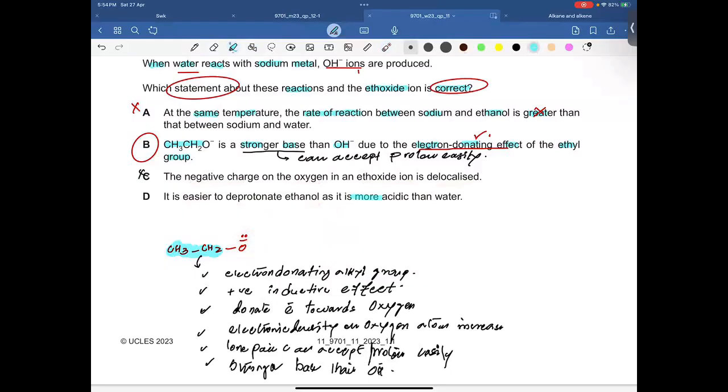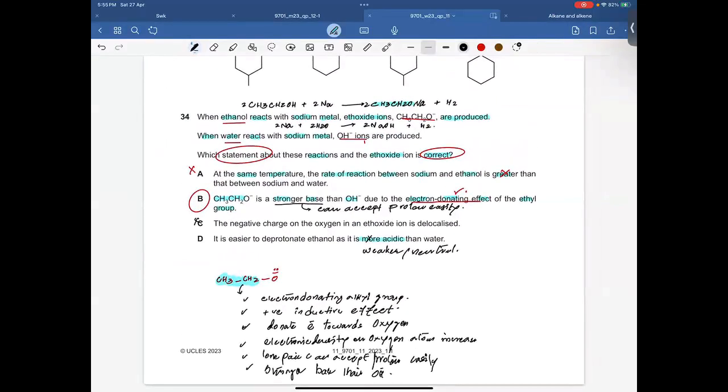By the way, ethanol is a weaker acid than water, not more acidic. Also, you can say that ethanol is neutral, so it is not more acidic. Okay, I hope it makes sense to you.